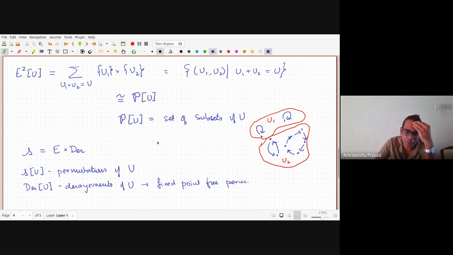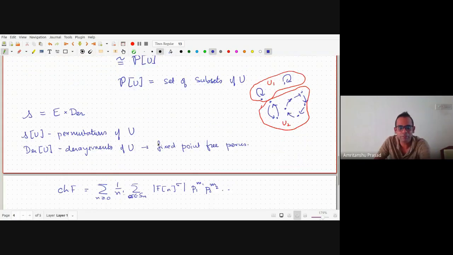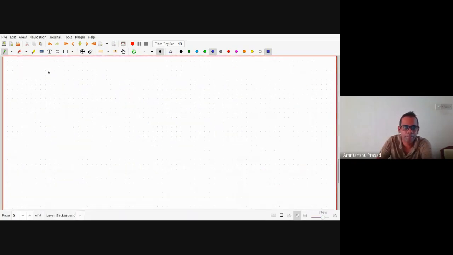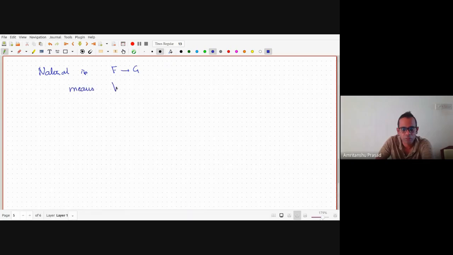A natural isomorphism of functors means that for every U, you have a bijection eta_U, F(U) to G(U), and it respects transport of structure.